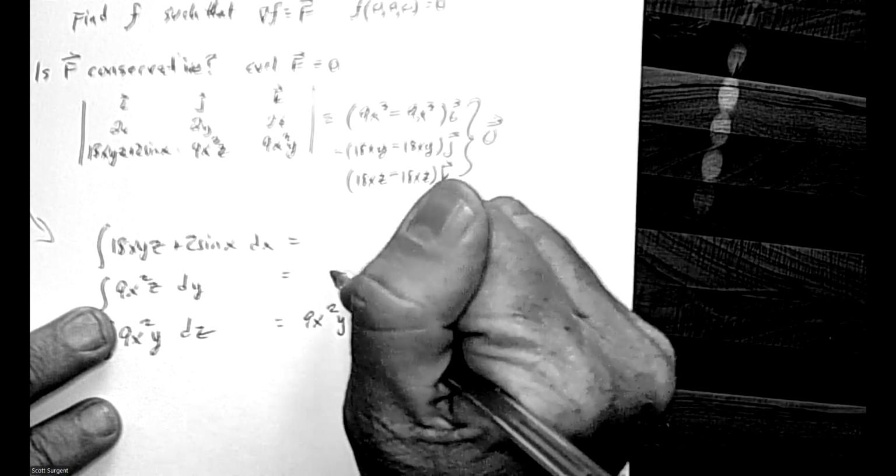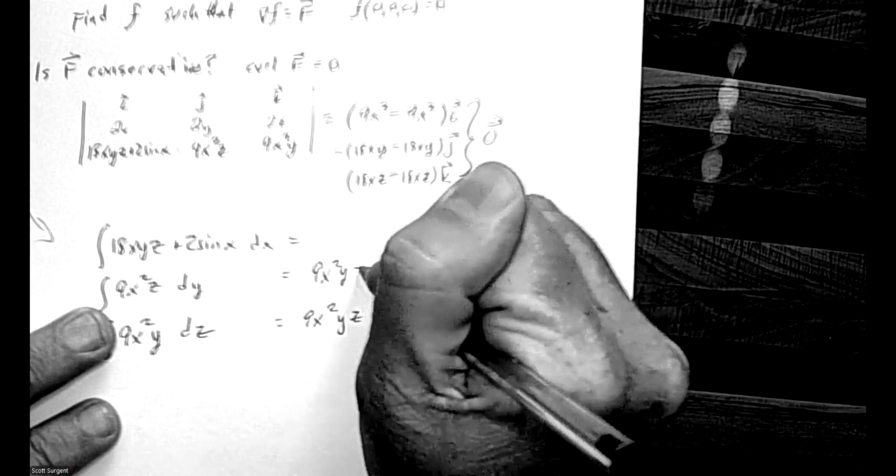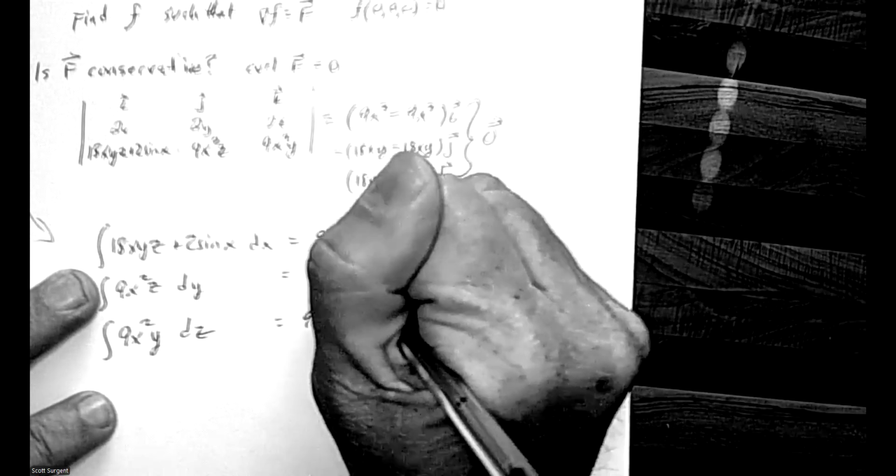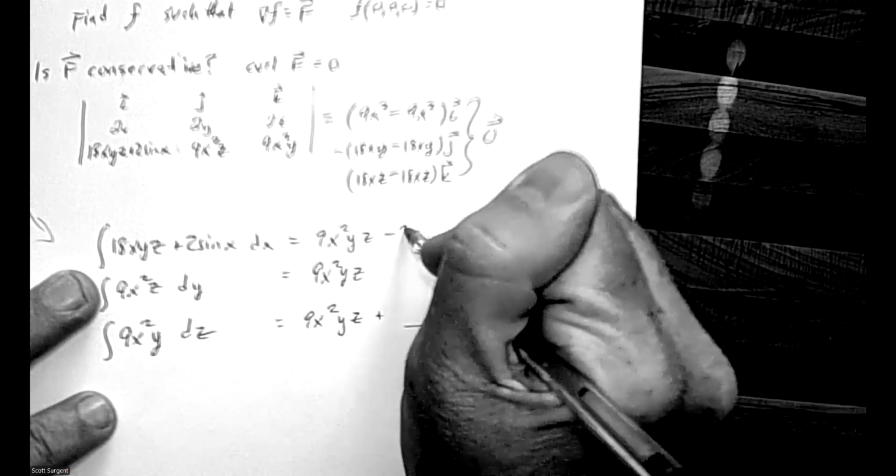But you know what I'm going to do? I'm just going to go up to these guys and perform the same maneuver. The antiderivative here with respect to y is 9x squared yz. All right, that's nice. And here with respect to x, you'll have 1/2 x squared, so 9x squared yz. Then you antiderive that, you get negative 2 cos x.